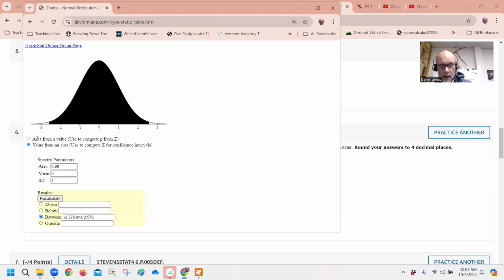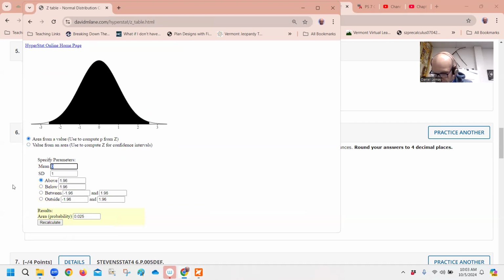So we want an area from a value because we have values, and the mean now is not 0. The mean is 9.5 and the standard deviation is no longer 1, it's 0.9. That's close to 1, but this isn't the standard normal curve.